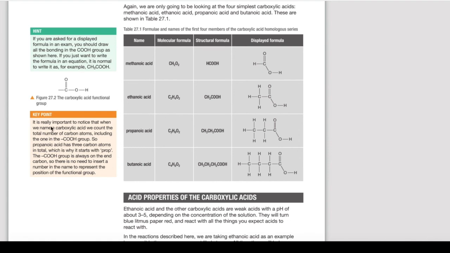Secondly, it is really important to notice that when we name the carboxylic acid, we count the total number of carbon atoms, including the one in the COOH group. So propanoic acid has 3 carbon atoms in total, which is why it starts with prop. Right, so be careful with this.